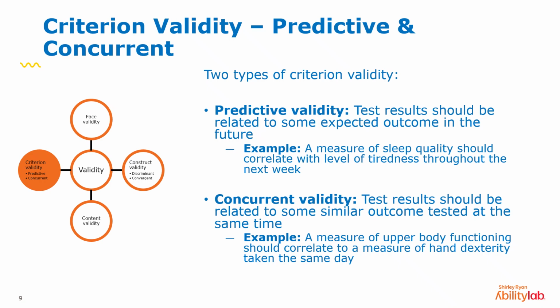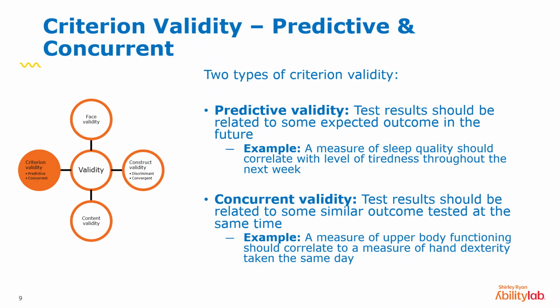In rehabilitation, the Berg Balance Scale, or BBS, has demonstrated predictive validity for fall risk. Lower BBS scores at discharge from inpatient rehabilitation are associated with a higher likelihood of falling in the months following discharge. Because the score predicts a future outcome, falls, the measure demonstrates predictive validity.